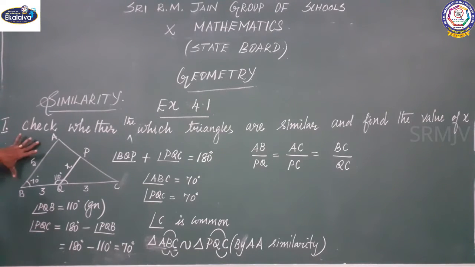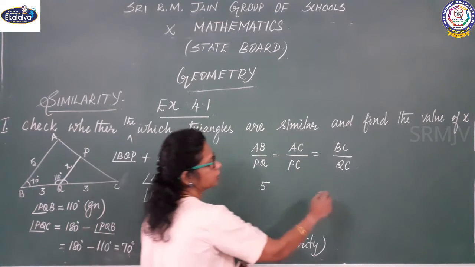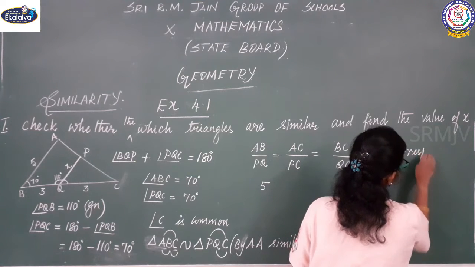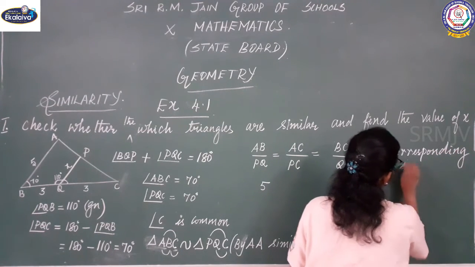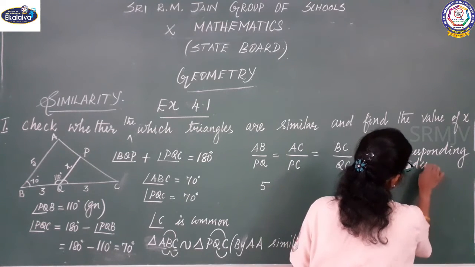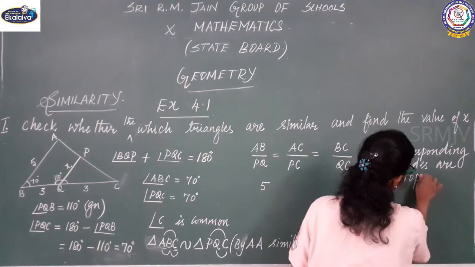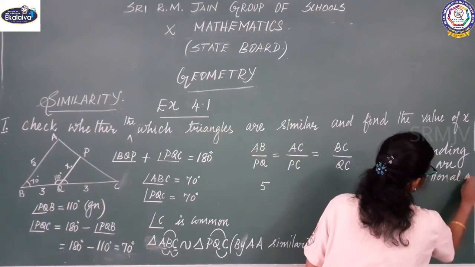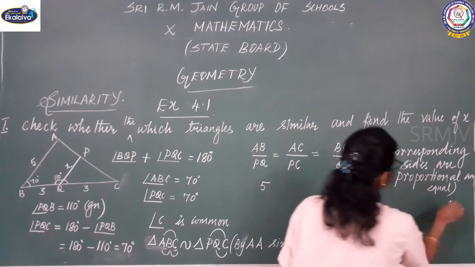Now, what is AB? AB is 5. You said corresponding sides are proportional and equal. Right?